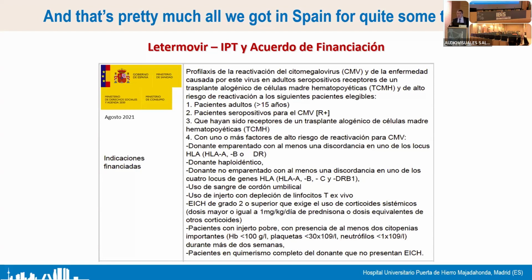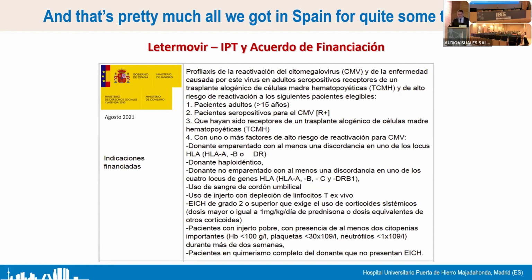That in a way was a bit of a fault of the way the whole thing had been named in the original study. I think Mer has a little bit to think about that as well, because when you call a population high risk and another one low risk, you're just giving a chance to whoever wants to control spending to say the low risk is just low risk. Don't you worry. Low risk is still 40% reactivation, so it wasn't low by any means. It's just the way it was.